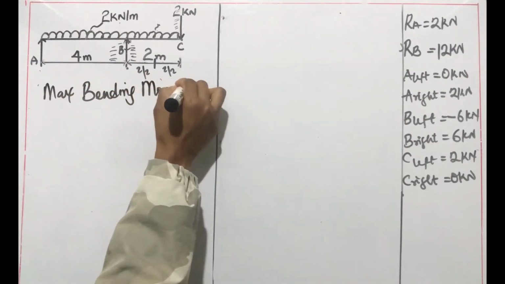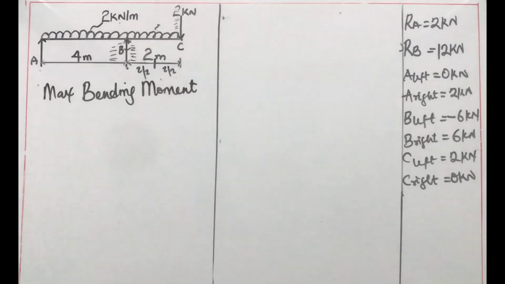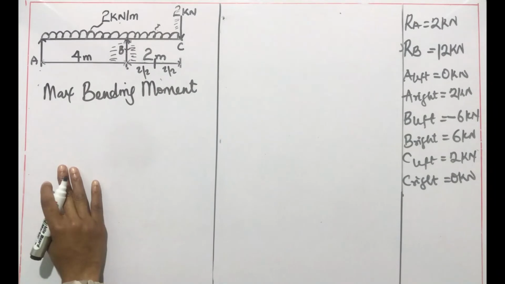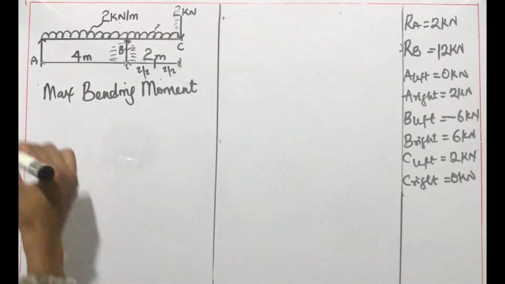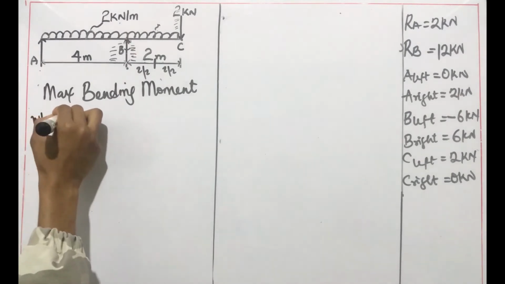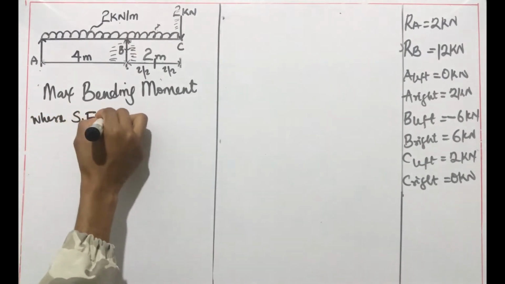Next is to look for the maximum bending moment. Now, maximum bending moment, like I've always said, occurs at the point where shear force is equal to 0.